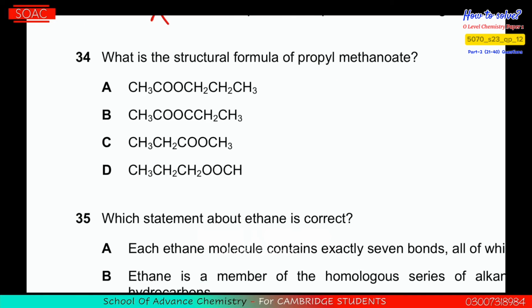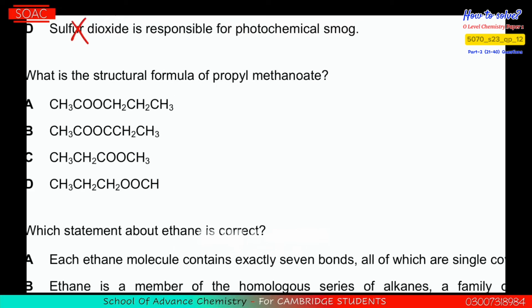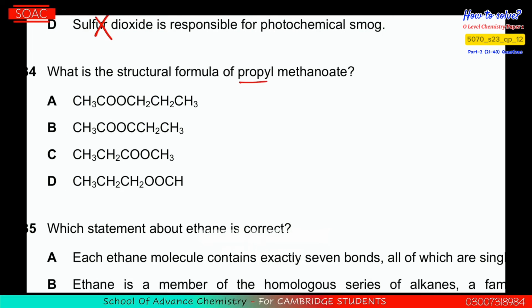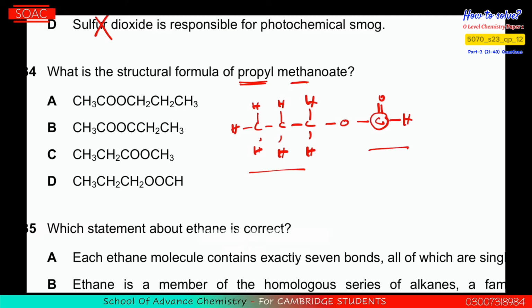34. What is the structural formula of the propyl methanoate? Propyl, I mean, three carbons are over here, and the next portion is having one carbon. Three carbons, then oxygen, then carbon, double bond O. I mean, only one carbon should be there. So I am putting hydrogen over here. This is the structure or displayed formula of propyl methanoate.